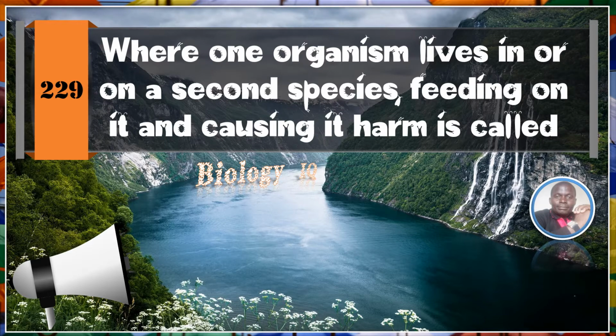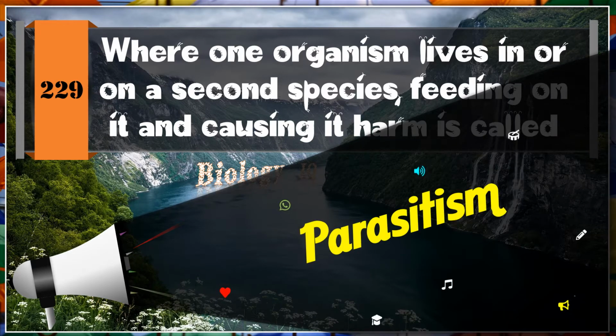Where one organism lives in or on the second species, feeding on it and causing it harm is called parasitism.